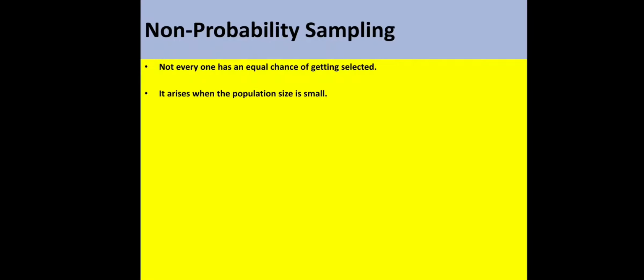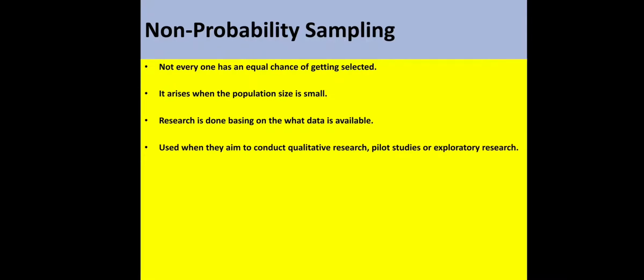So, the next is the non-probability sampling. In this case, not everyone has an equal chance of getting selected. It arises when the population size is small. Research is done based on what data is available. It is used when they aim to conduct qualitative research, pilot studies, or exploratory research.